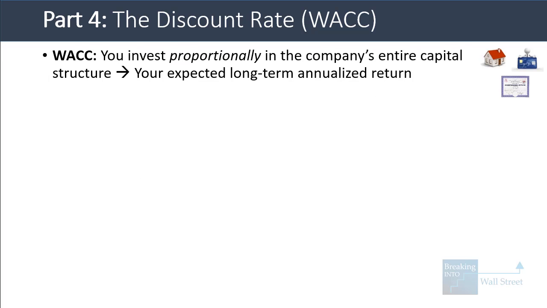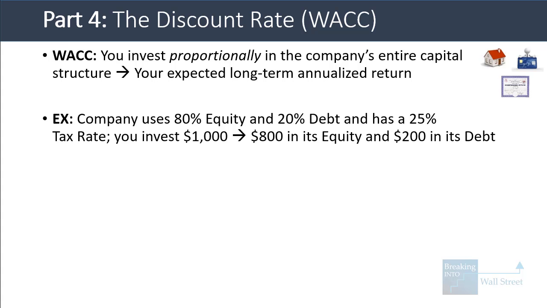The idea with WACC, or the weighted average cost of capital for the discount rate, is that you invest proportionally in the company's entire capital structure, and that gives you your expected long-term annualized return. So if the company uses 80% equity and 20% debt, and it has a 25% tax rate, and you invest $1,000, you put $800 into equity and $200 into debt.